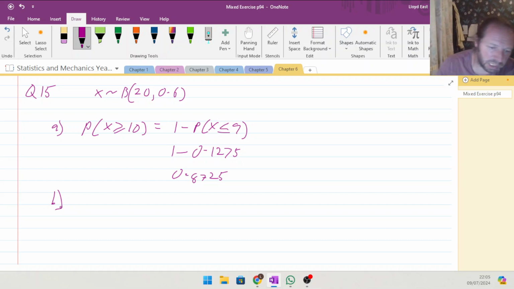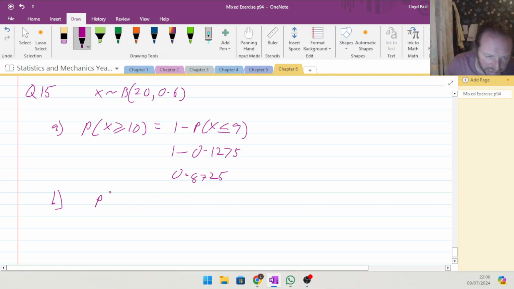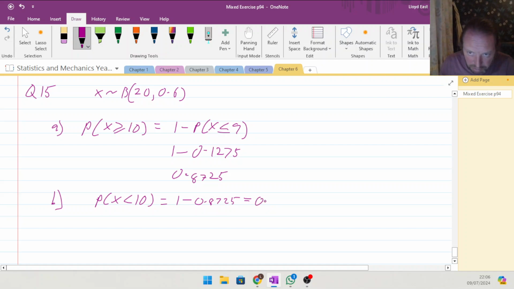So we want to take this probability that she does that 7 times out of the 12. So the probability that it's greater than or equal to 10 is this. And so we can say the probability that x is less than 10, i.e. 0, 1, 2, 3, 4, 5, 6, 7, 8, 9, would be 1 minus 0.8725, which of course is 0.1275.